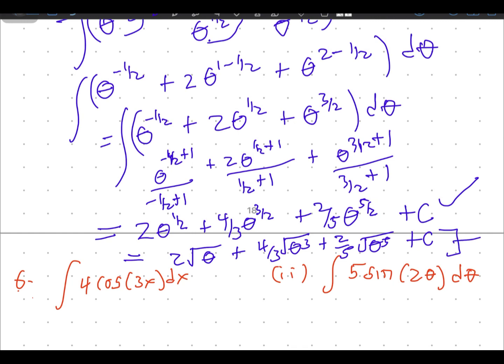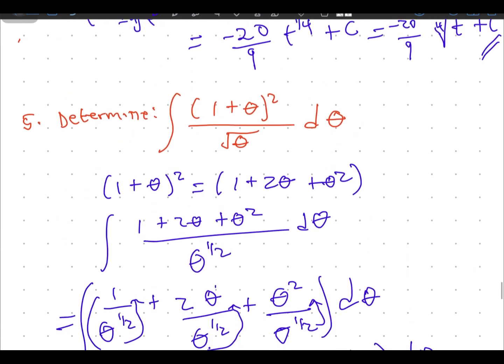This is a further simplification, but basically you don't need it. You can leave it here if the lecturer or the teacher requires you to. So that is the integral, the question (1 plus theta) all squared over square root of theta.